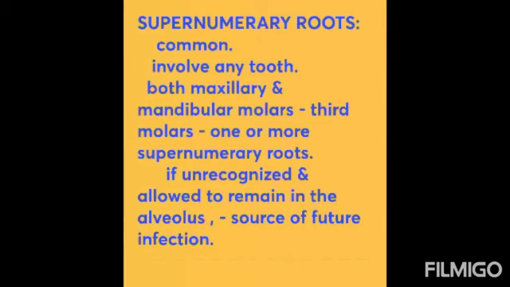This phenomenon is of considerable significance in exodontia, that is extraction, for one of these roots may be broken off during extraction, and if unrecognized and allowed to remain in the alveolus, it may be the source of future infection. So we have to take an X-ray before extracting the tooth.